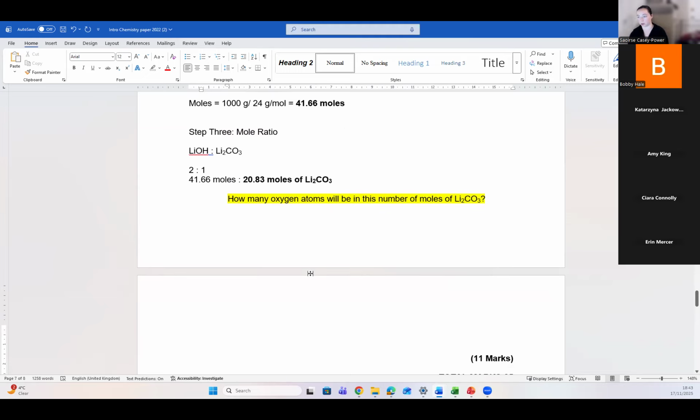Okay, so the first thing we need to do is find our number of molecules of lithium carbonate.